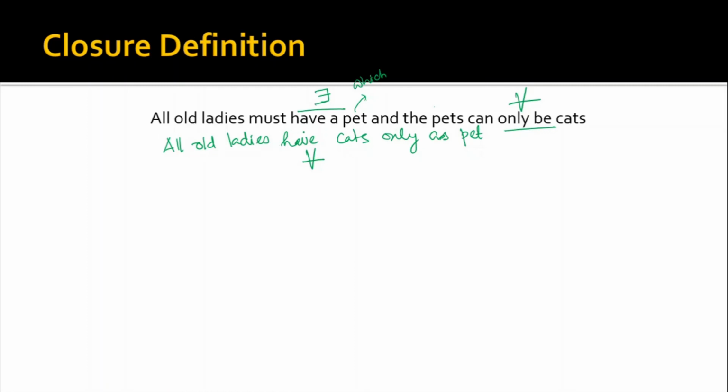So to safeguard this, we need to have the existential quantifier in place. This will ensure that the old lady has at least one pet. Now coming to the second part, if she is having a pet, this pet should be cat. So you need to combine these two together to come up with the representation of this statement, right?